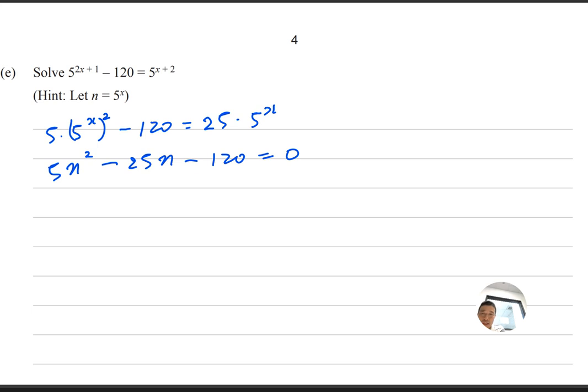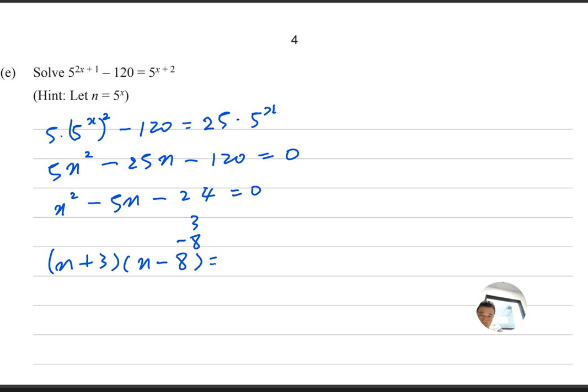Well, we can divide by 5 on both sides, which leaves n squared minus 5n minus 24 equals 0. So what makes negative 24? 3 and 8, and I'm going to put a negative sign here, add up to negative 5, isn't it? So hence (n plus 3)(n minus 8) equals 0. That means n equals negative 3, comma 8.